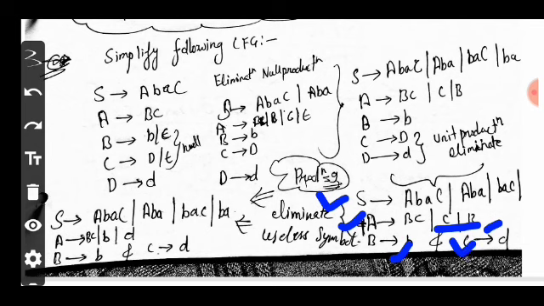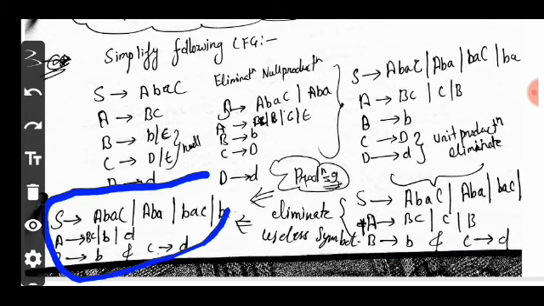So we directly replace C and B with the given terminals. So we got this production. So this production is your final grammar.